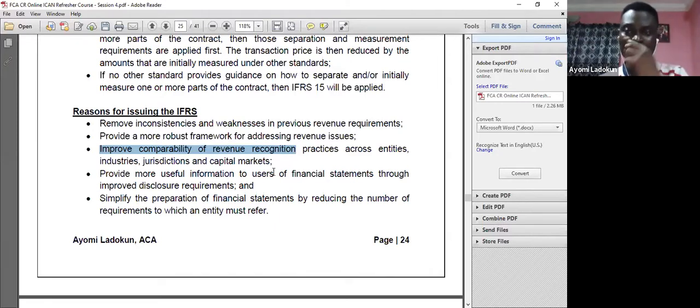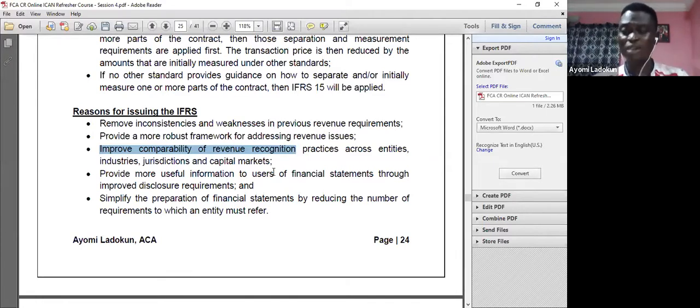That means goods are still in the warehouse, but since they have been invoiced, they recognize revenue. Some will also recognize revenue when control has passed, that means they have dispatched the goods, not even minding whether the goods get to the customer or whatever. So there are a lot of differences in how entities recognize revenue.